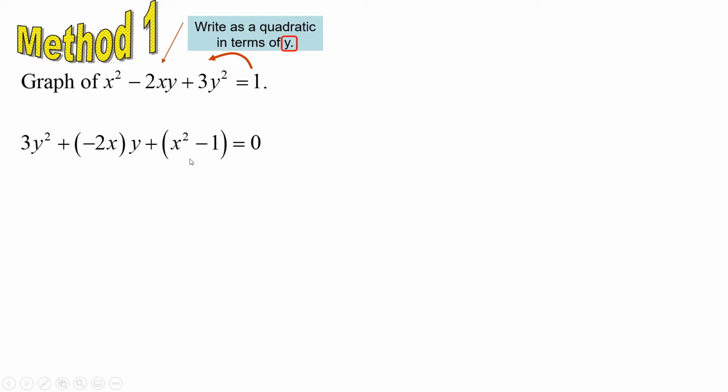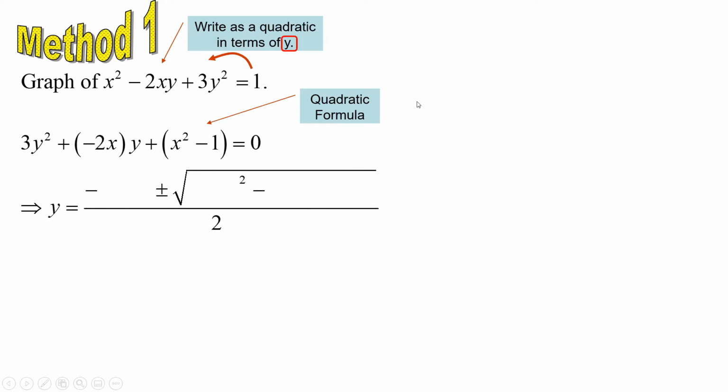Now, you're thinking, Gibbons, what are you going to do with this? Well, now we're going to use the quadratic formula, and the quadratic formula will give us a sketch of this ellipse. Okay, so there's the quadratic formula right here. It looks a little complicated right now, but we've got a lot going on right here. And you guys know the quadratic formula, y equals the opposite of b plus or minus the square root of b squared minus 4ac over 2a.